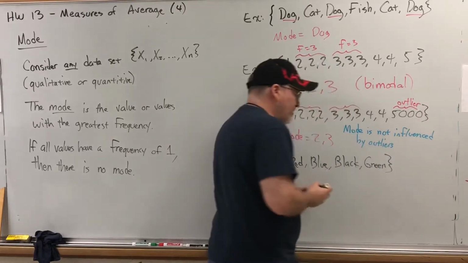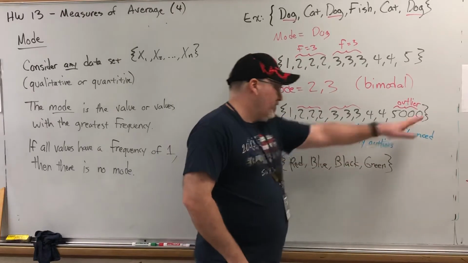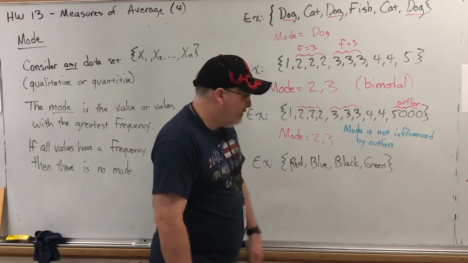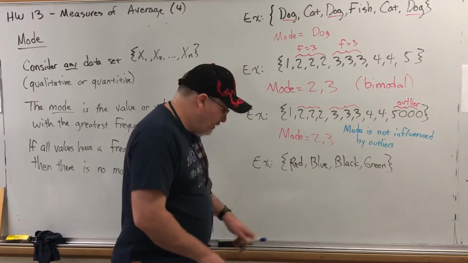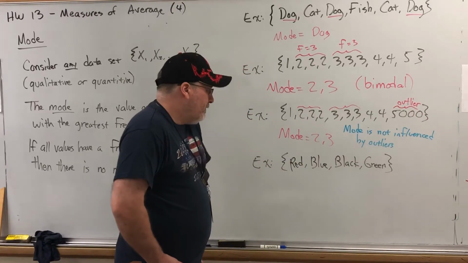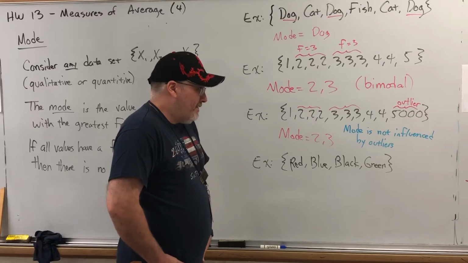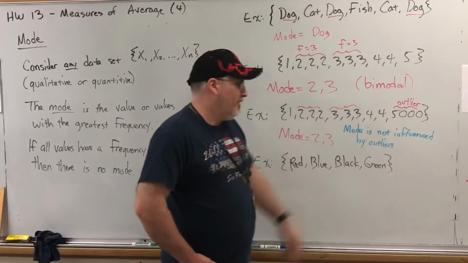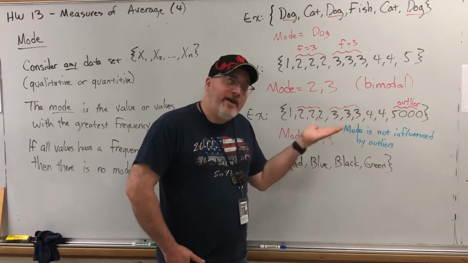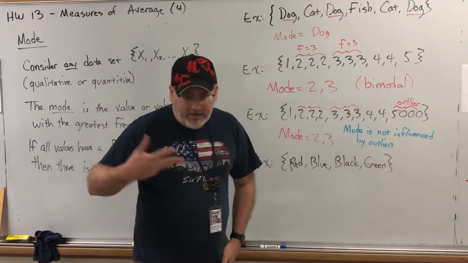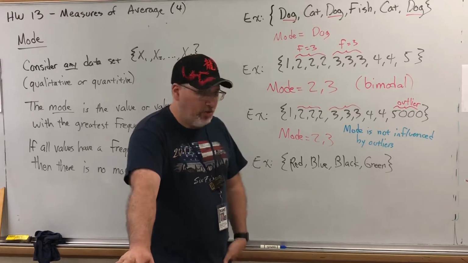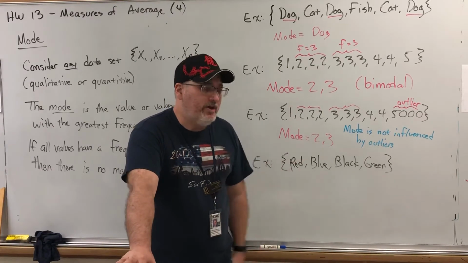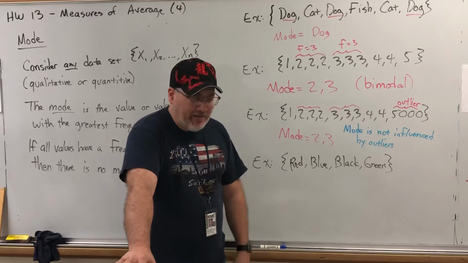And I know what you might be thinking. Well, what if you sprinkle on 3 more 5,000s and now there's 4 of them and it becomes the mode? Well, if there were 4 5,000s, then it's up for debate whether or not those are significantly larger compared to the entire data set. Again, if you take statistics, you will learn a technique that sets up a boundary that defines who gets to be an outlier.